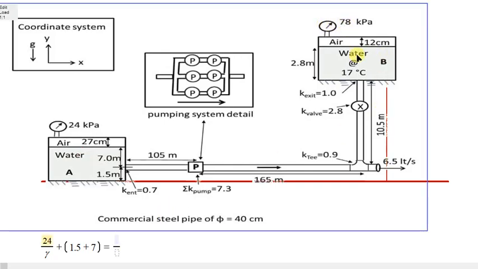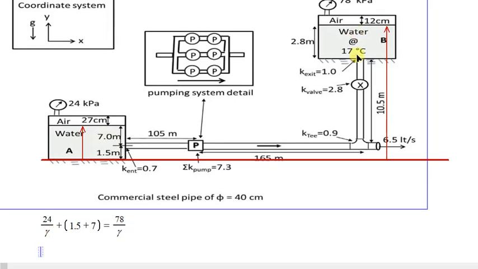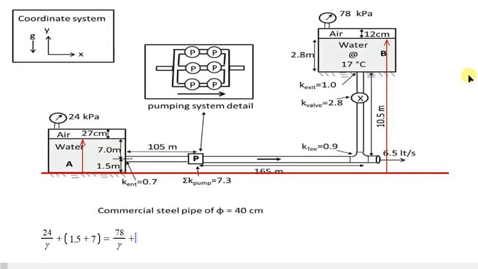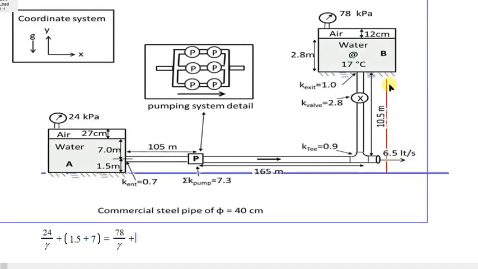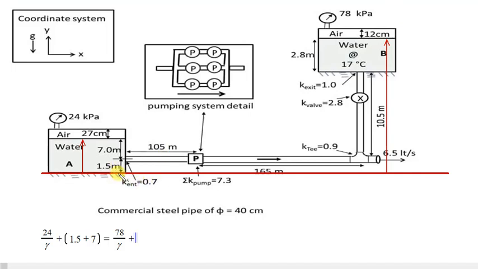We have 78 over gamma, plus there is no velocity head. There should be the elevation. What is the elevation up to there? We can say 1.5 plus 10.5, and 2.8. That's it.